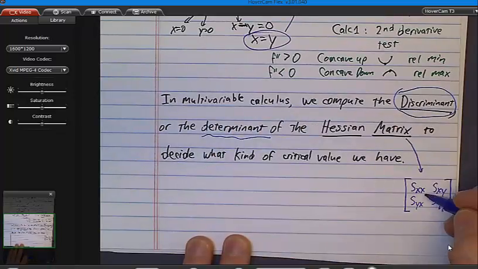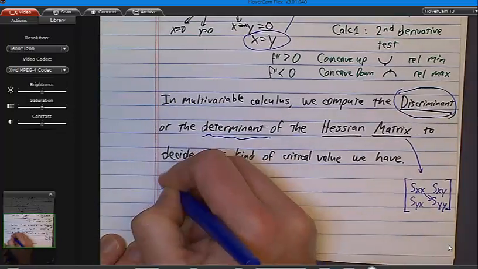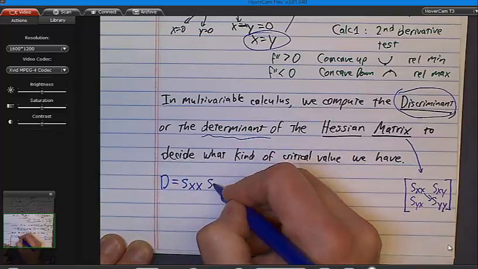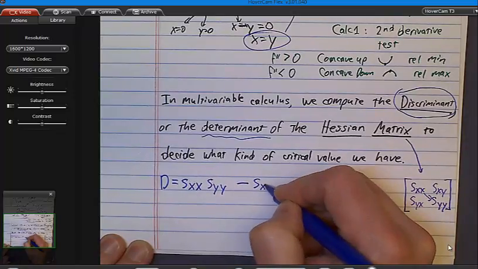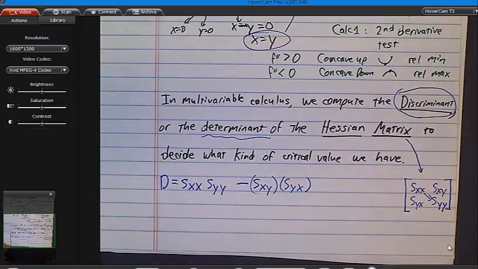Basically, I'm going to take this product, Sxx, so they call it D. D, the discriminant, is Sxx times Syy, that product, minus the other product, Sxy times Syx. And I think your book actually puts a 2 here, because these are almost always the same. But this is what you have. Okay? So let's write out what that equals.